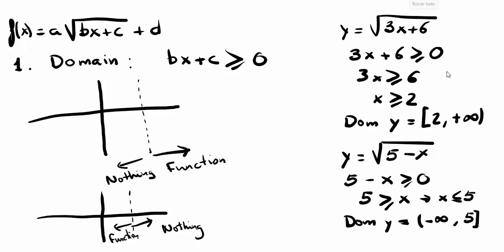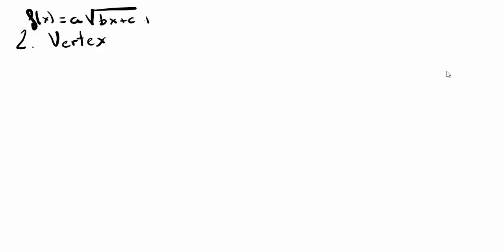Next step will be to calculate the vertex. As I have a variable, in fact, variables always have a vertex. Remember, we have the function which is a multiplied by the square root of bx plus c, plus d. To calculate the vertex, I don't have to use the formulas I have for quadratic functions.